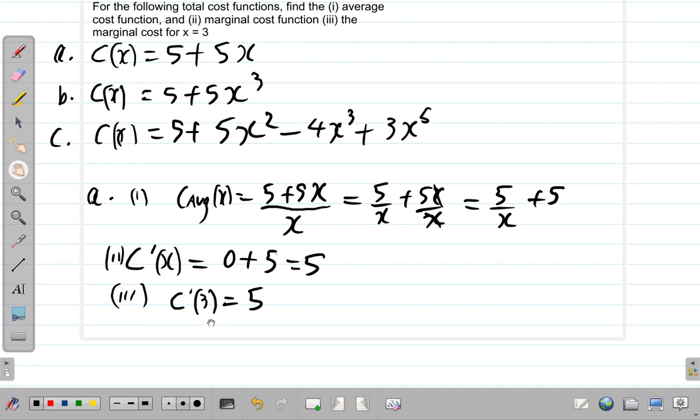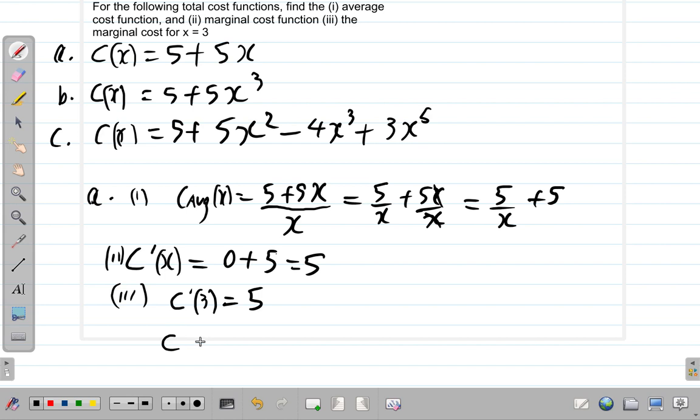So another way we could find this marginal cost is to say what is the cost at x equal 3, also what is the cost for the next one, which is x equal 4, and then subtract them. So let's do that. We're just concentrating on A for now.